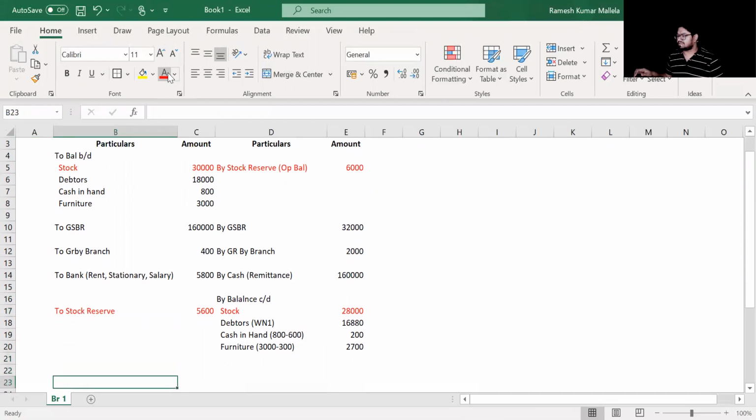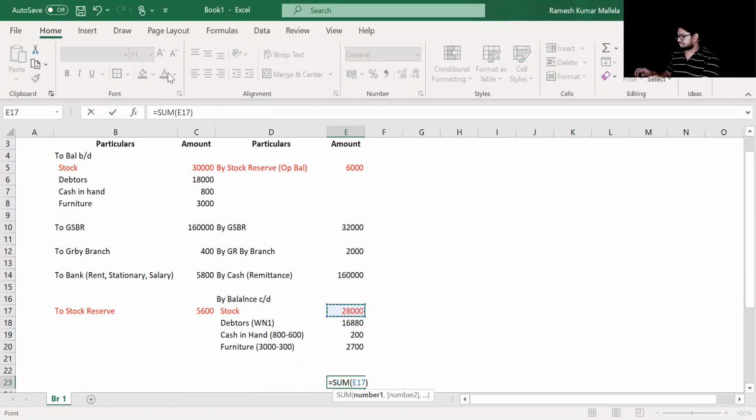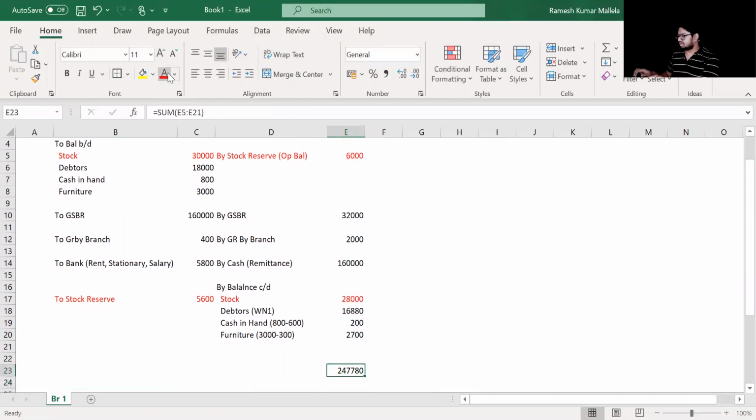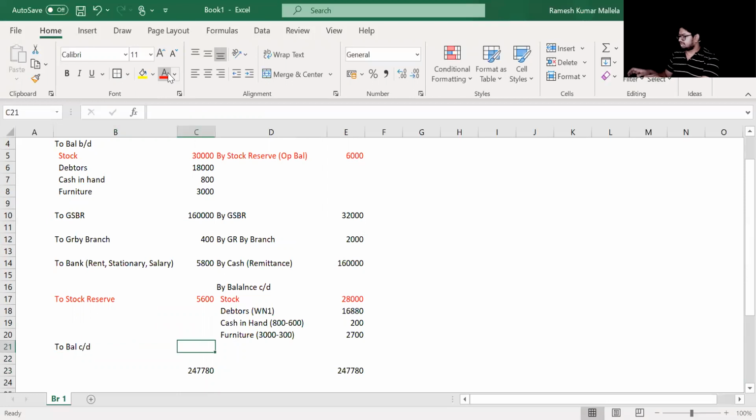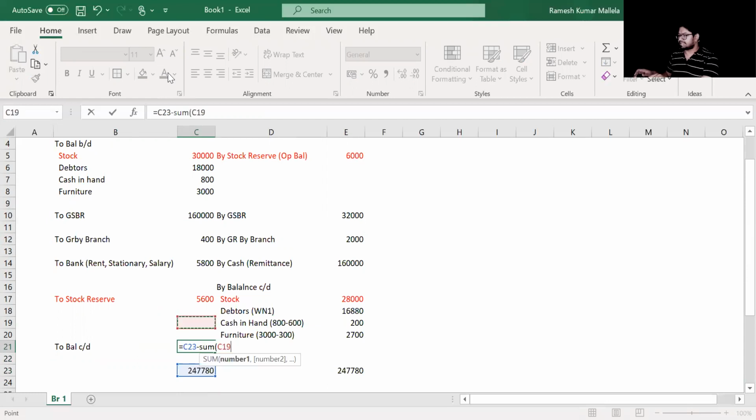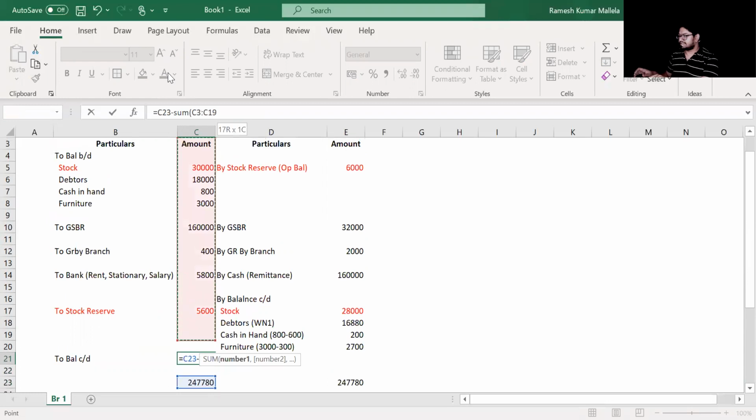So finally, you can now balance this account. To balance carried down, it is going to be 24,000 this thing minus the sum of all these debits.